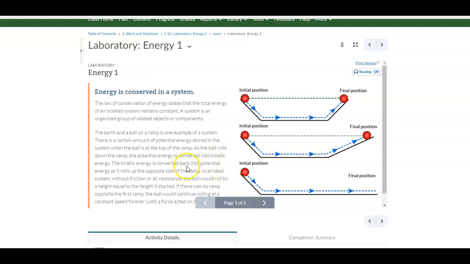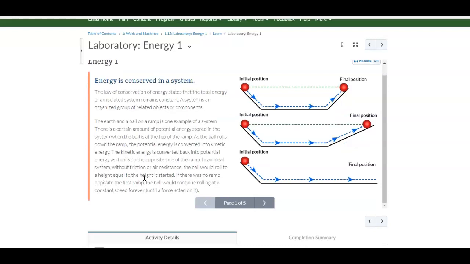So that's what we're looking at in the experiment. And we are seeing that the kinetic energy is converted back to potential energy as it rolls up the opposite side. In an ideal system without friction or air resistance, the ball would roll to a height equal to the height it started.